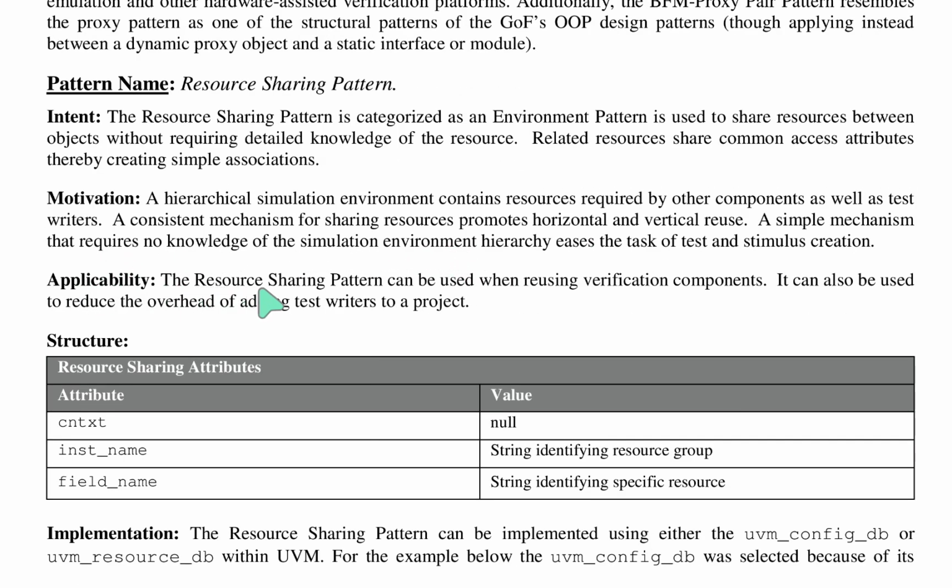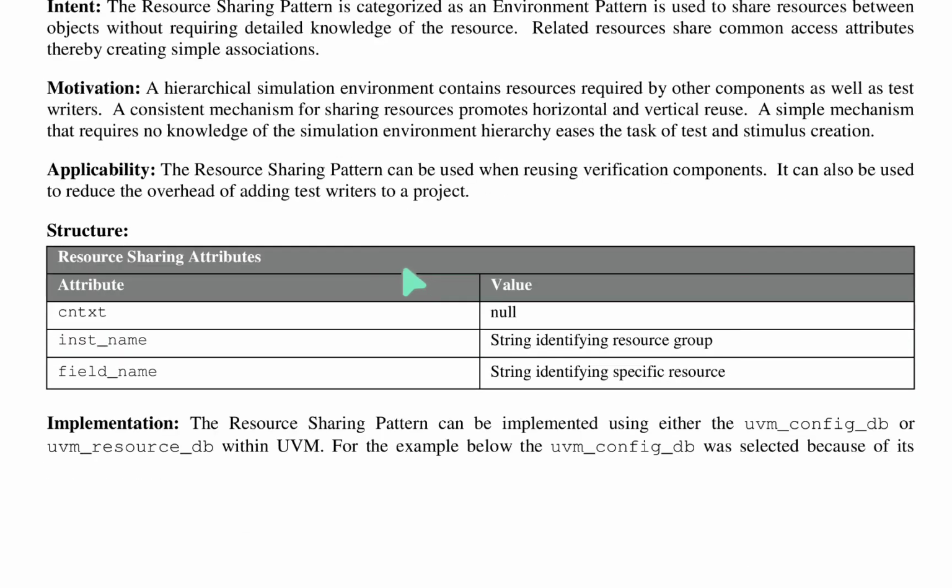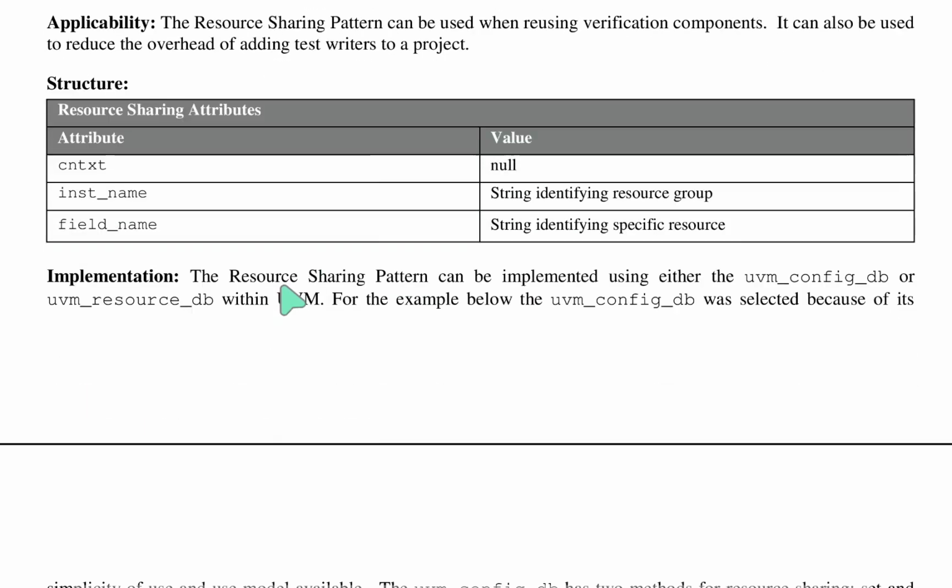Applicability: the resource sharing pattern can be used when reusing verification components. It can also be used to reduce the overhead of adding test writers to a project. Structure: resource and sharing attribute and value.